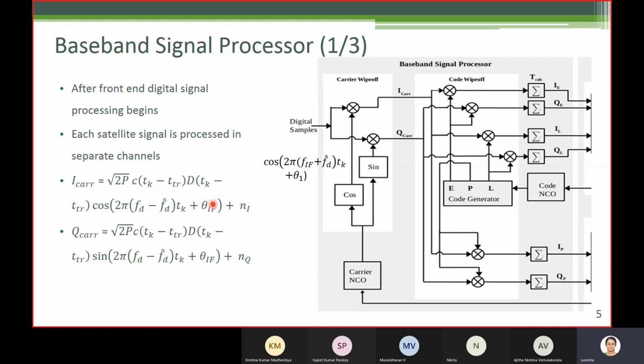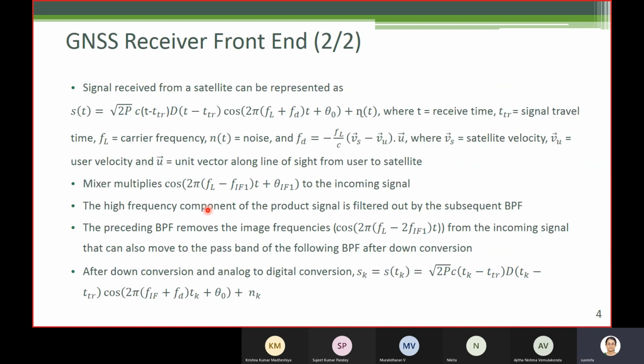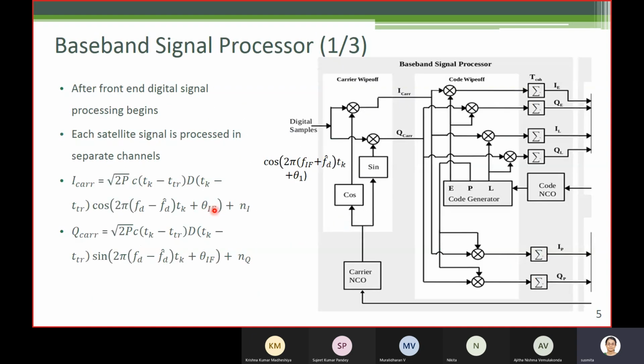The initial phase offset is also adjusted accordingly; here we call it theta IF. So this phase is called carrier wipe off because we remove the carrier by this mixing operation. Don't worry about this block, carrier NCO. I'll explain this in another presentation, maybe tomorrow or the day after.